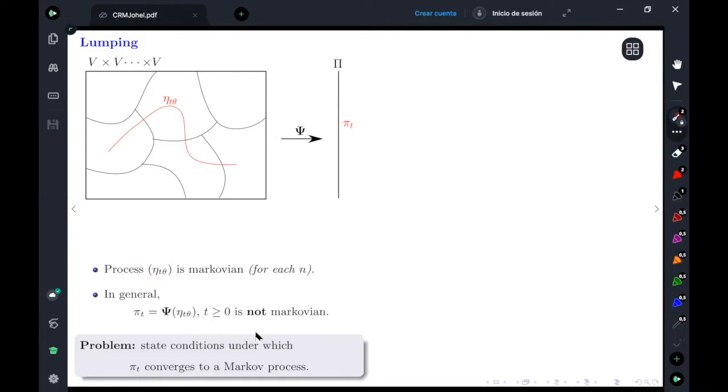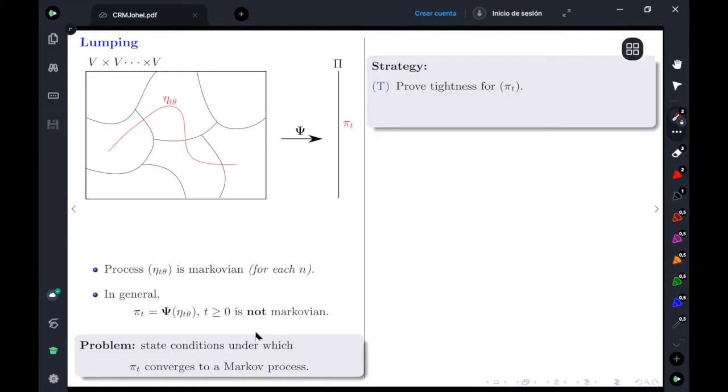Okay, good. The strategy to approach this problem, we are seeing this in a general setting. So our strategy to approach this problem is, as a first step, to prove tightness for this sequence of processes, for this sequence of projections.